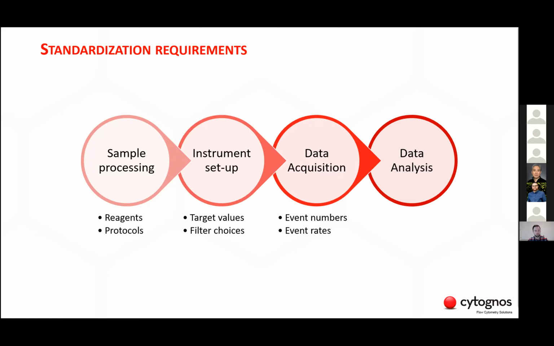We need to standardize the number of events we acquire to analyze, at least establishing a minimum of events based on the sensitivity we want. And something very, very important, the event rates, because something that we notice a lot is people in a rush to acquire samples, and in the middle of the sample, if the cytometer allows it, they change the speed of acquisition, and it's not possible to analyze those data anymore.